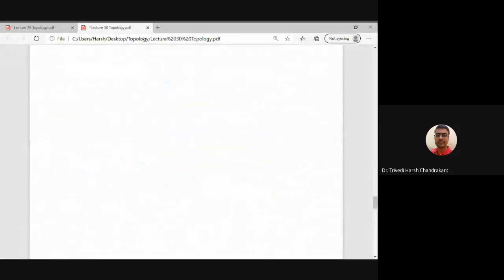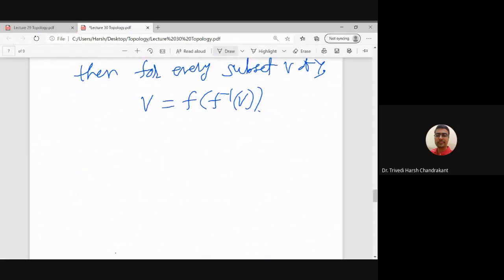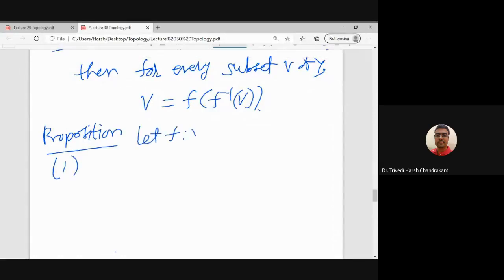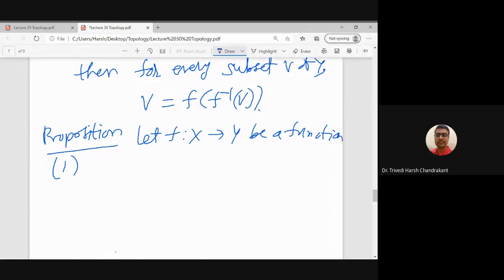The first result which we derive today is this. Let f be a continuous function, let us say.